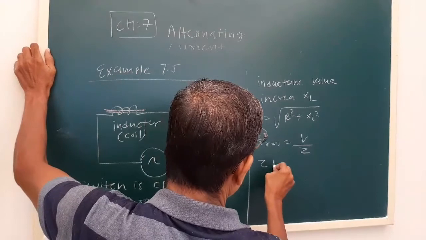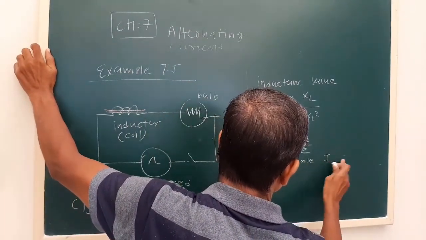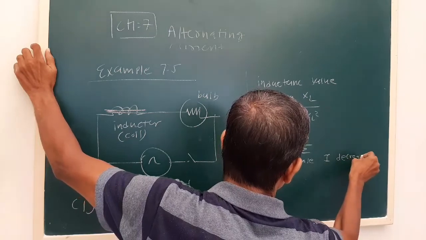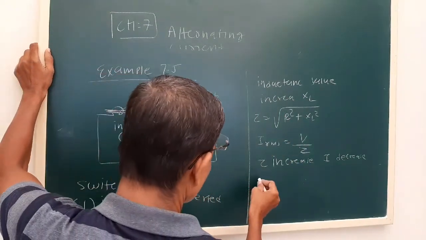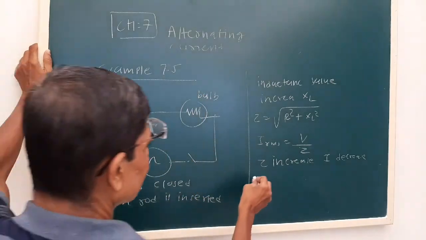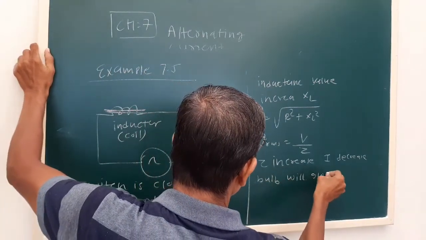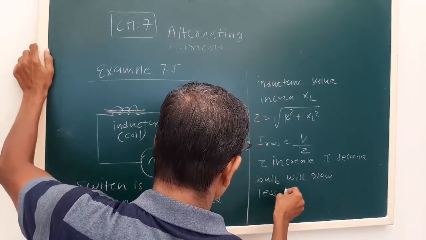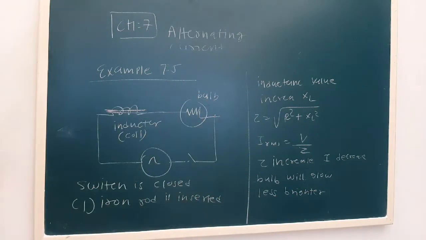With Z increasing, I decreases, so the bulb current decreases and the intensity will decrease.